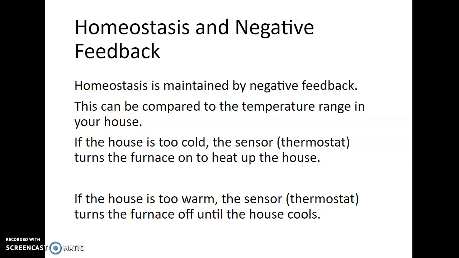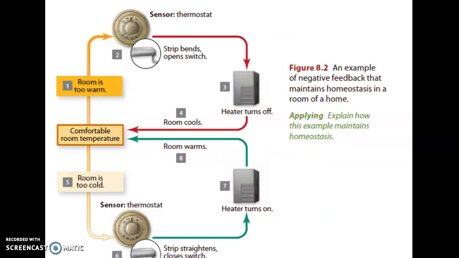And that's going to turn the furnace on to heat up that house. Now, if the house is too warm, the sensor, which is the thermostat, turns off that furnace until the house cools. We can see this as a graphic here and how that would work. This is an excellent example of a negative feedback system that maintains homeostasis of a room or a home.